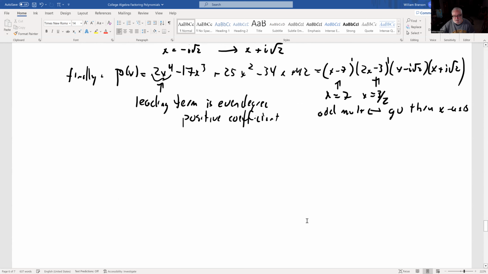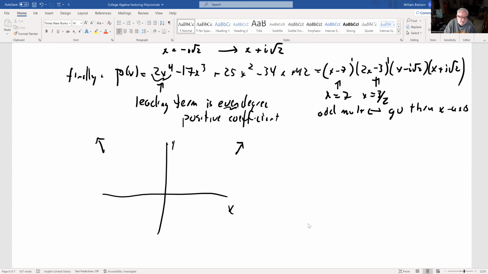And again, our graphs are really just paying attention to where the graph is above or below the x-axis. So here's my x-axis, here's my y-axis. End behavior is like this because it's even with a positive coefficient. At x equals 7 and at x equals 3/2, the graph goes through the x-axis. And so the graph will look something like that.